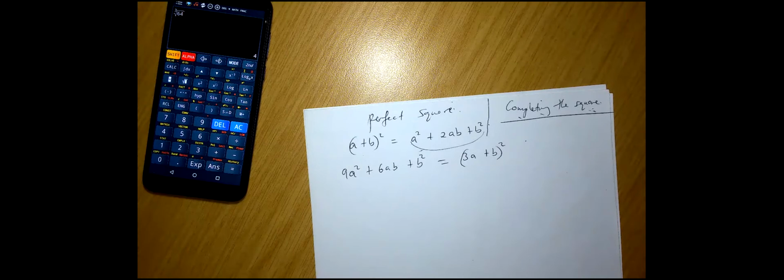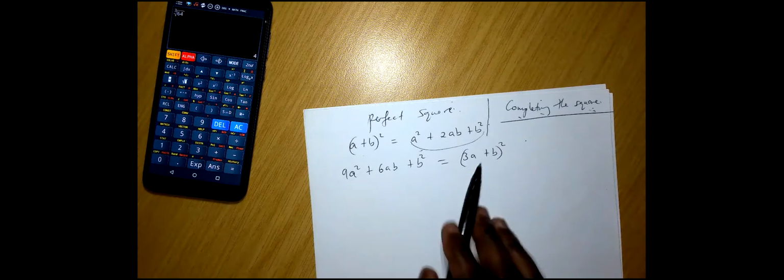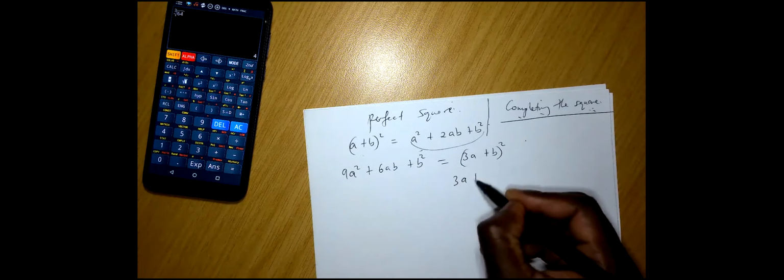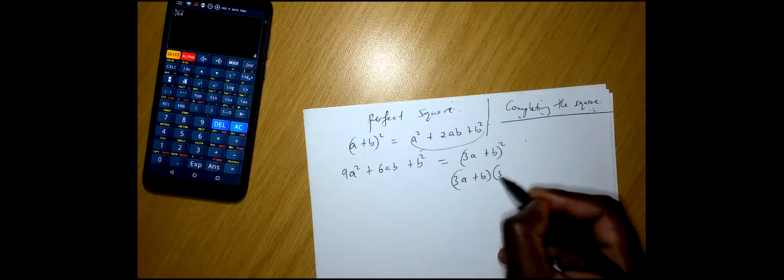Why are we saying that? Because if we try to expand this one, it's supposed to be 3a plus b, times 3a plus b.